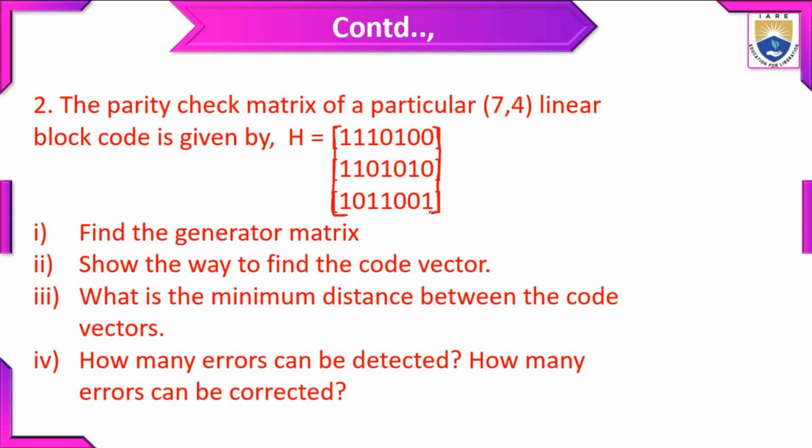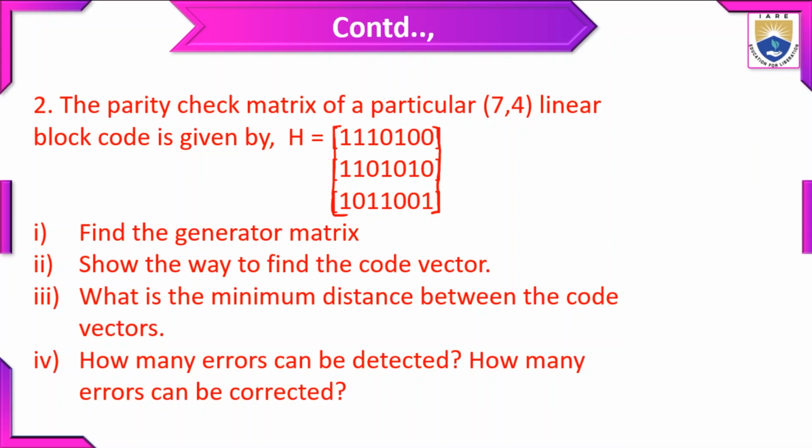Find the generator matrix and show the way to find the code vector. And the third one: what is the minimum distance between the code vectors? How many errors can be detected and how many errors can be corrected?